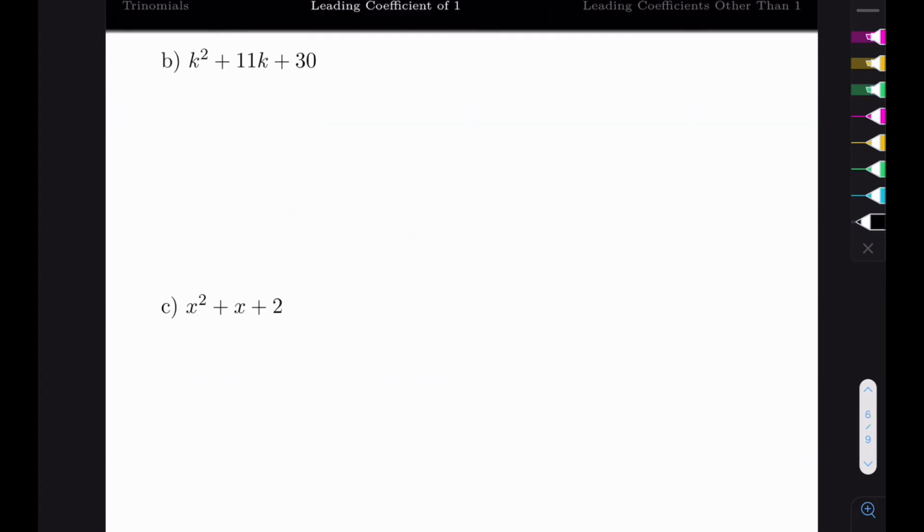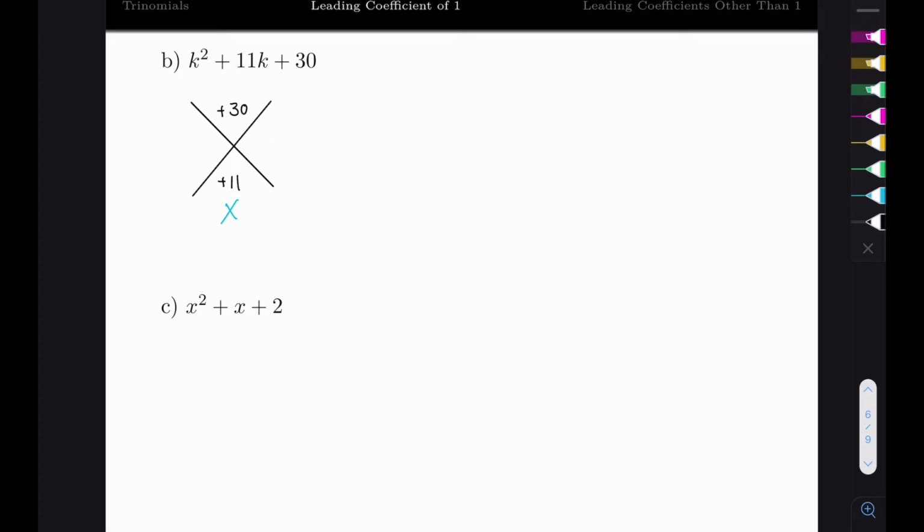Let's try a couple more of these ones with a 1 out front, and I'm going to go ahead and use that cross method. So for this one, we have a single k squared, so that's great. We want the numbers to multiply to positive 30 and add to positive 11. Okay? So positive 30, one number I could do is 3 and 10, but that doesn't add up to what we need it to.